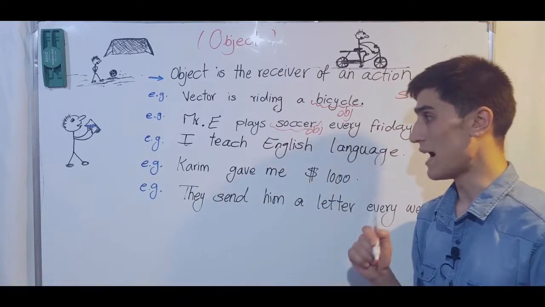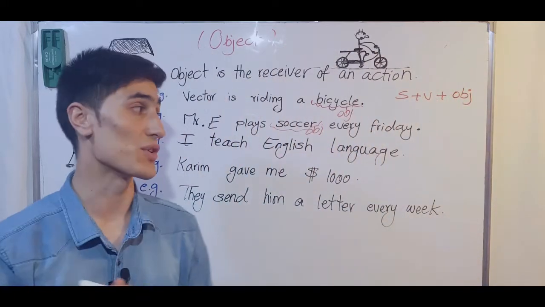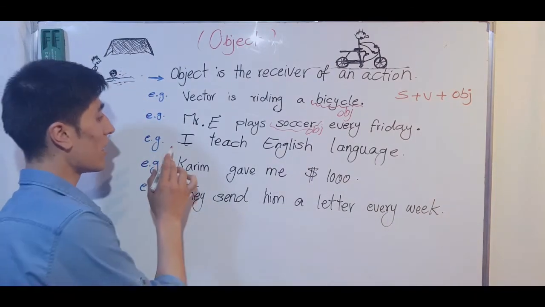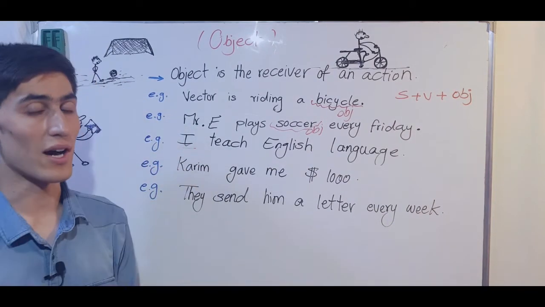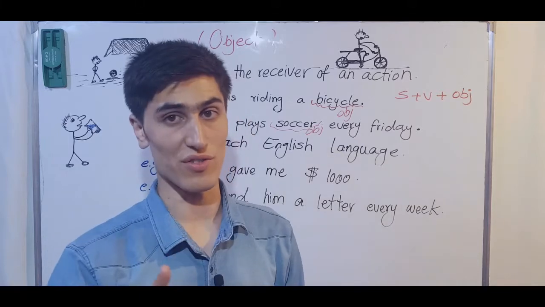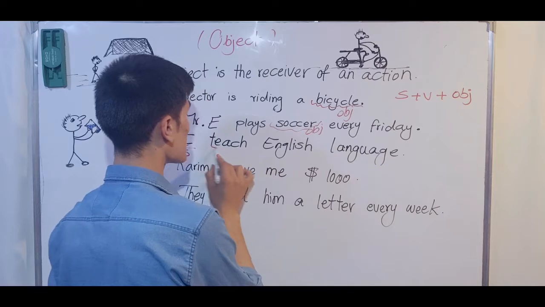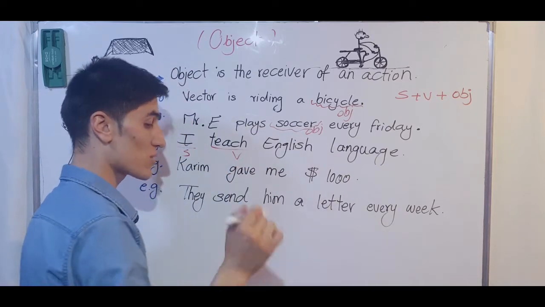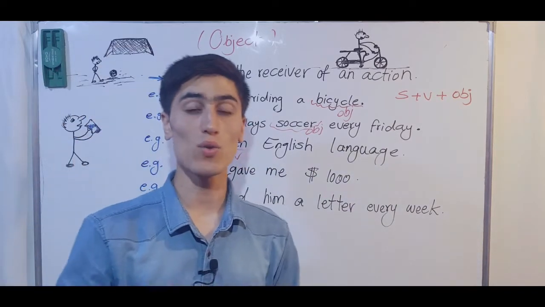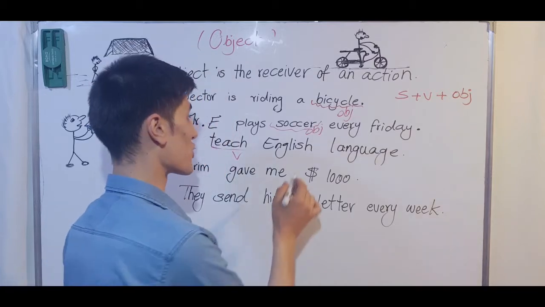So next example, I teach English language. So what is I? I taught you in the previous video, it is the subject. And then teach is the verb, and what receives the action? What do I teach? I teach English.